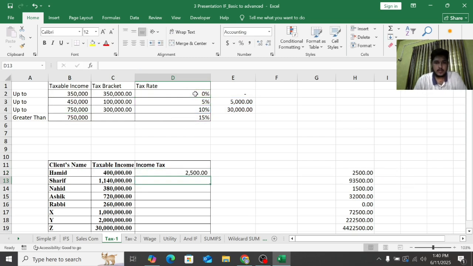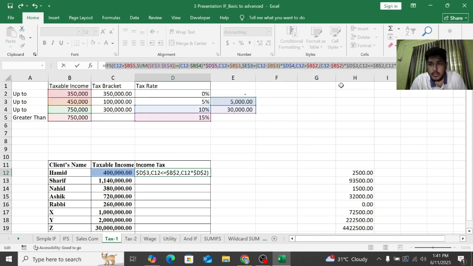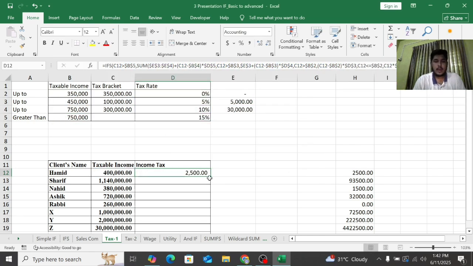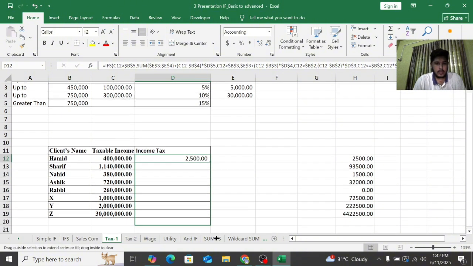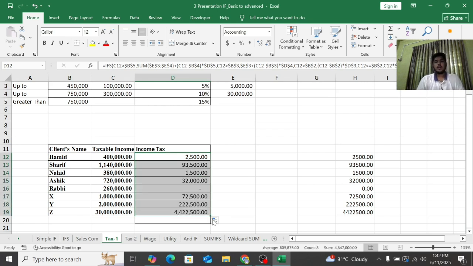So if we press enter, we can see that our taxable income is shown and our income tax is 2,500. So now if I make some conditions constant, as we have fixed some digits, we are going to drag this one and we'll get our answer.